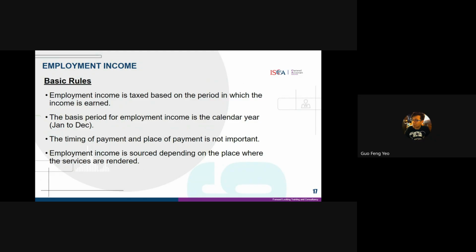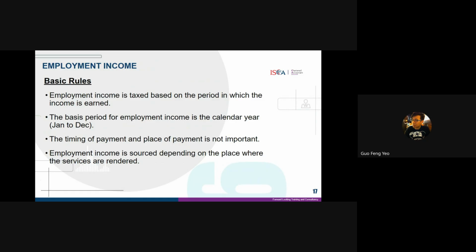So, in relation to your employment income, which is also the main source of income for a majority of us in Singapore, the basic rules are as follows. Employment income is taxed based on the period in which the income is earned. The basis period for employment income is usually the calendar year, January 1 to December 31st of each year. The timing of payment and the place of payment is irrelevant when determining the taxability of the income to the individual.